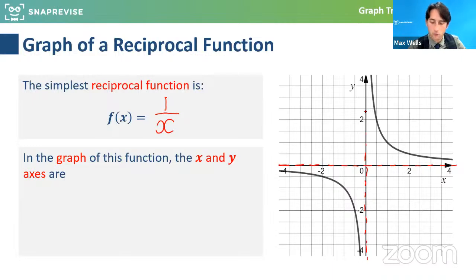So for the graph of 1 over x, does anyone know what we call the x and y axis? The lines that it's infinitely approaching but never touches. If you extend them, the graph gets closer and closer to, but never actually touches them. There's a key name for these lines. They're a really defining feature of reciprocal graphs.